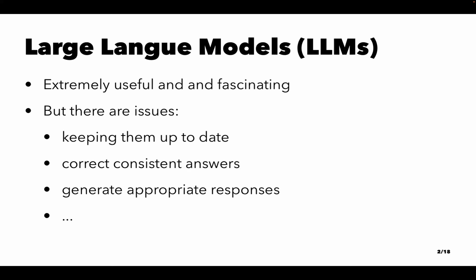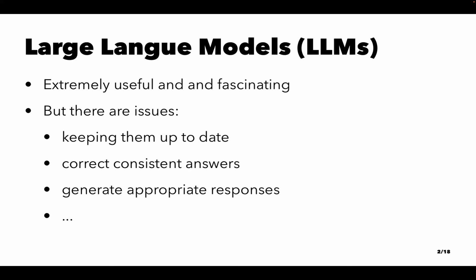I guess you all know LLMs are extremely good and useful, and they have lots of practical use cases. But in practice, they also have a lot of problems. Some of them you saw from the last talk: keeping information up to date, giving consistent answers, which is not random.